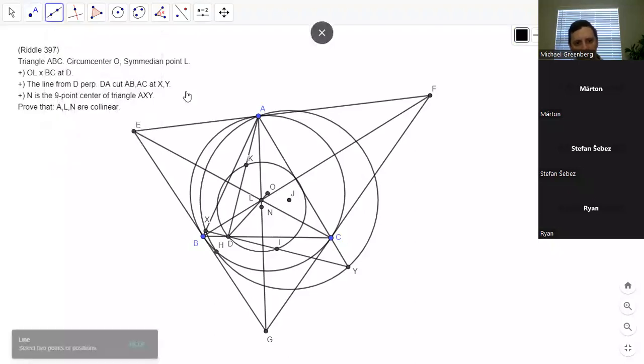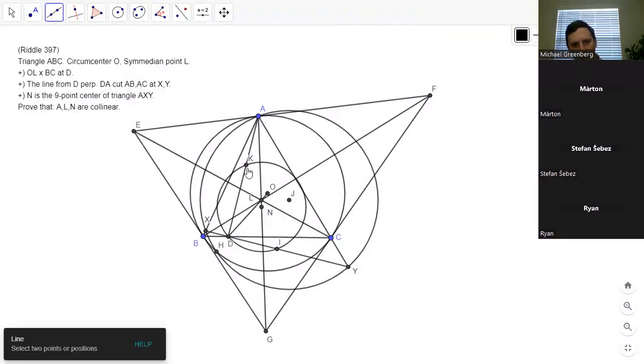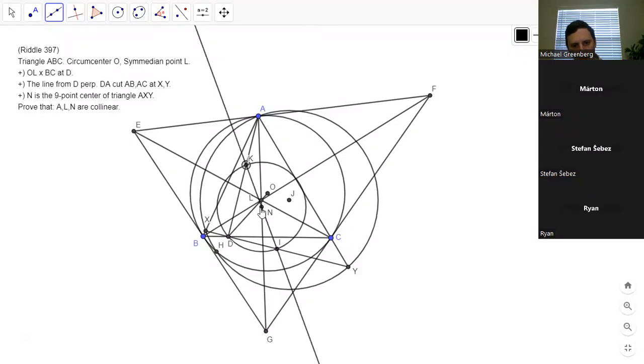Anything special about point K? Well, K, N, and I are going to be collinear.